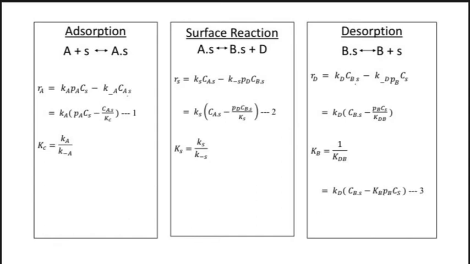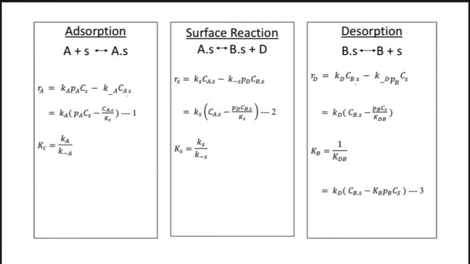Now we can start developing our kinetic rate equation. First, we have to identify the equations for adsorption, surface reaction, and also desorption. Next, we have to develop the net rate of adsorption of the species, which is equal to the rate of attachment minus the rate of detachment.